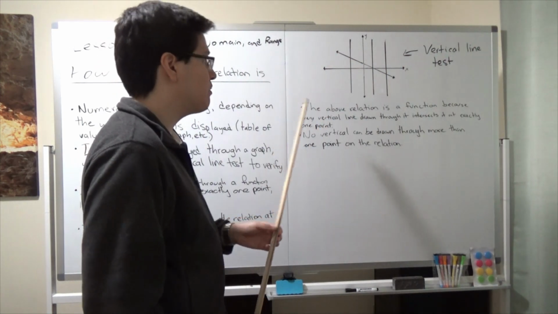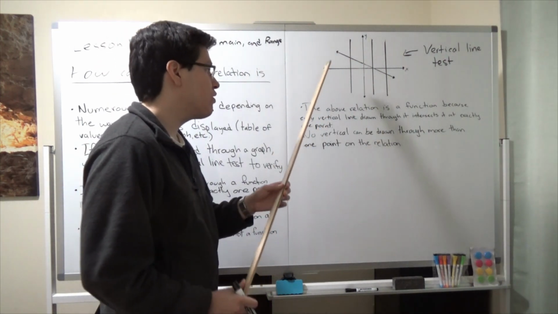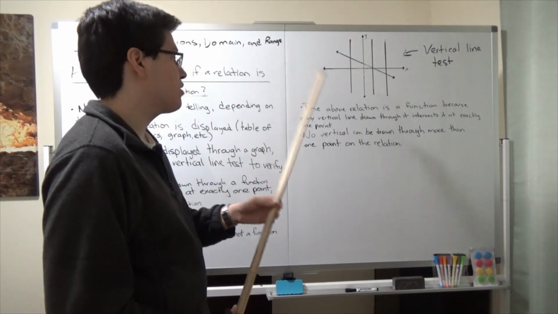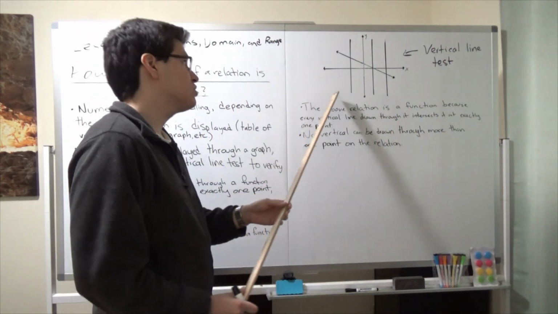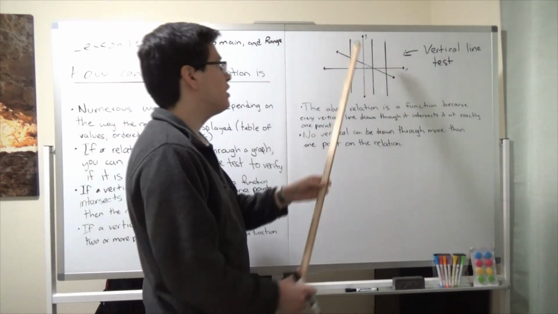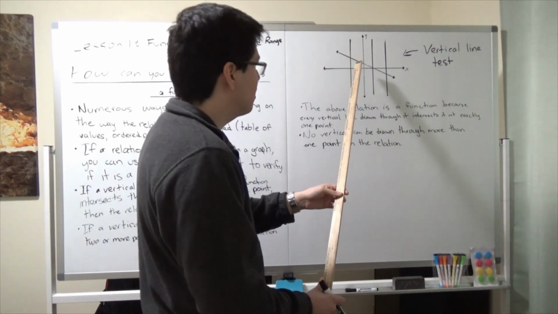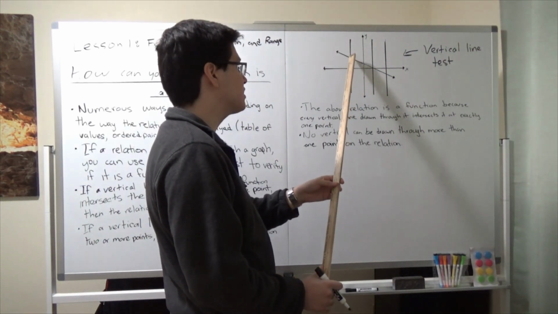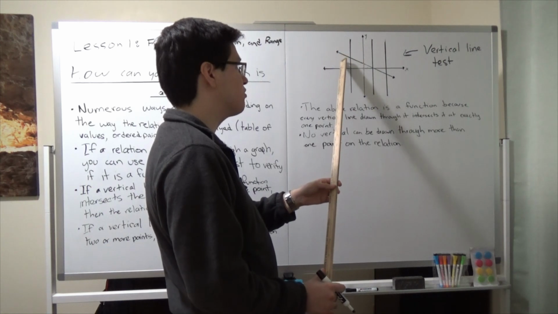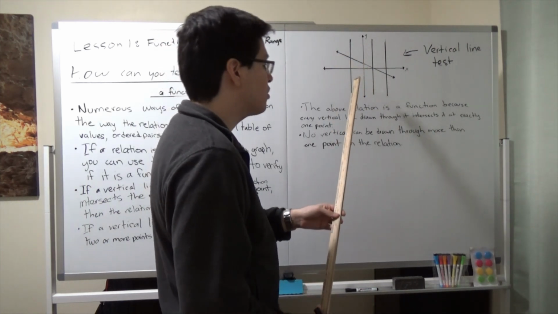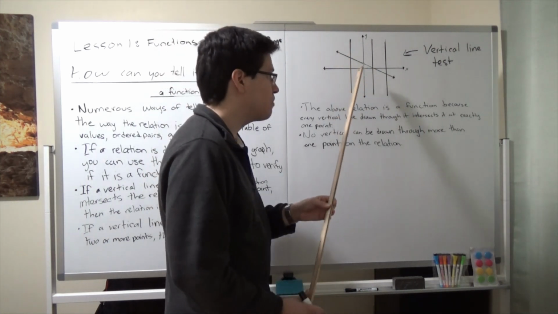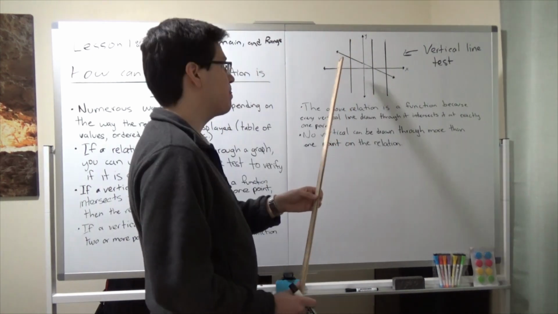No vertical line can be drawn through more than 1 point on the relation. So you can't draw any vertical line such that it intersects at two or more points on the relation. If you could do that, then it would be a relation, not a function.